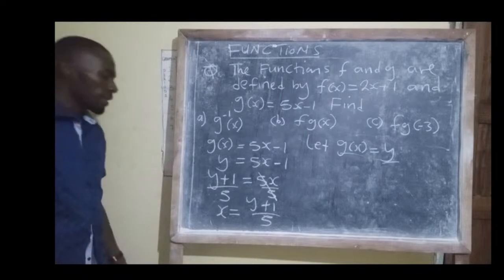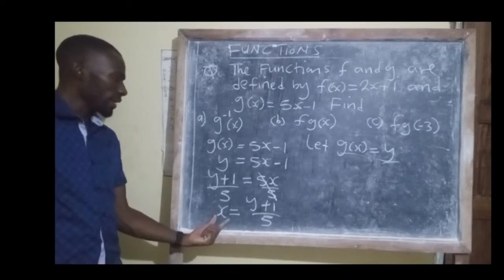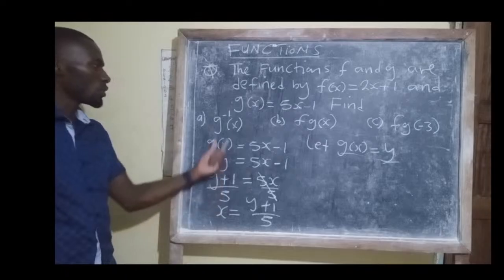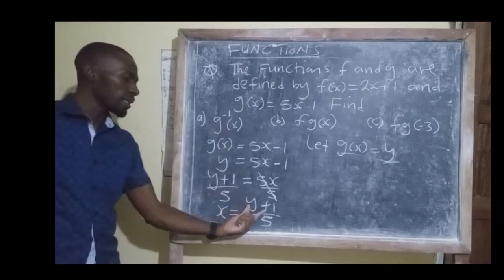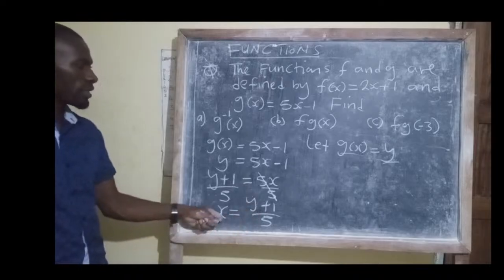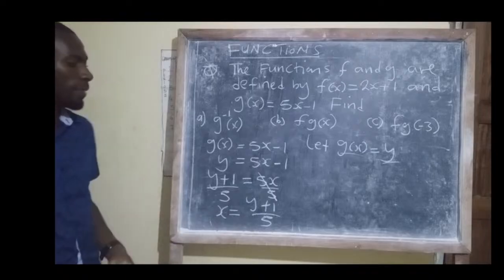So have we finished? Not yet. The last part now, you let x be equal to g of x inverse, and where there is y on this side, you are going to replace it with x, since our function here contains x and not y.